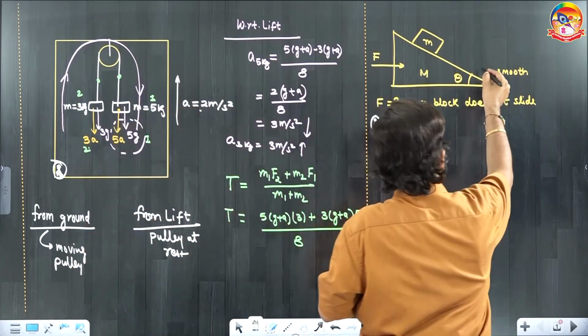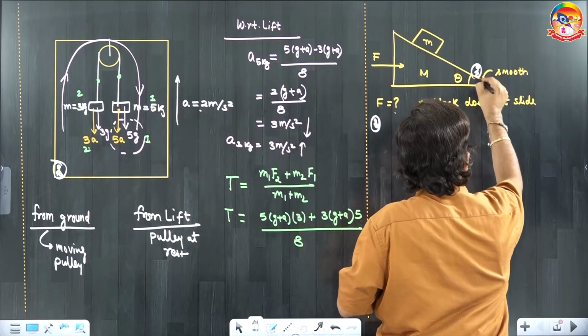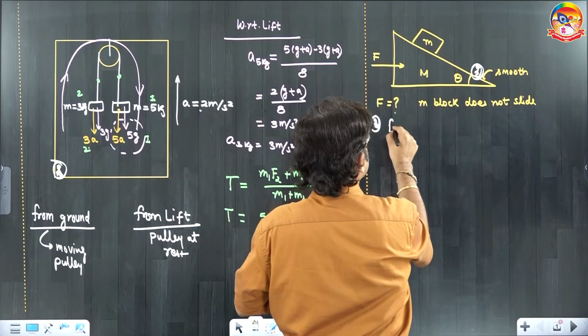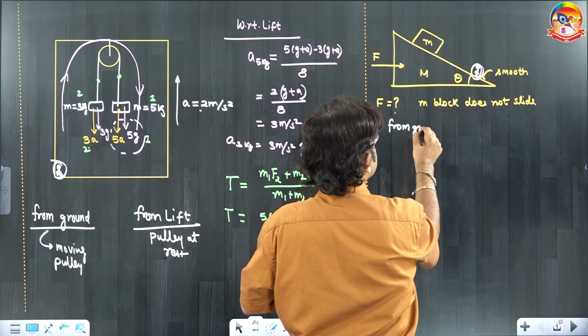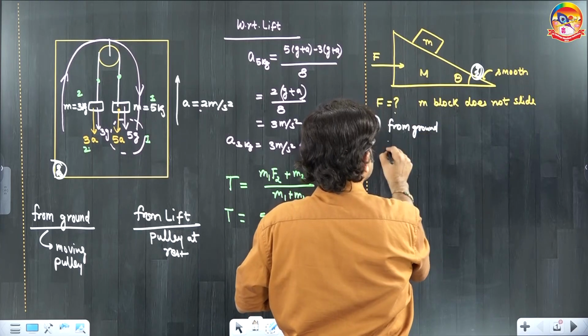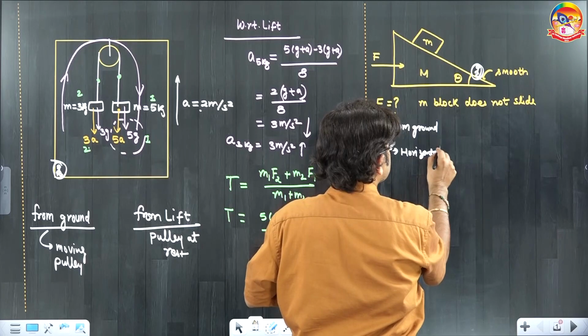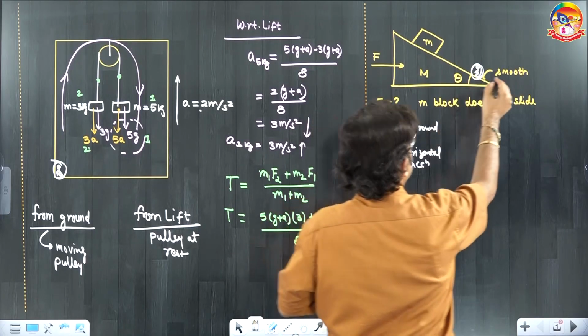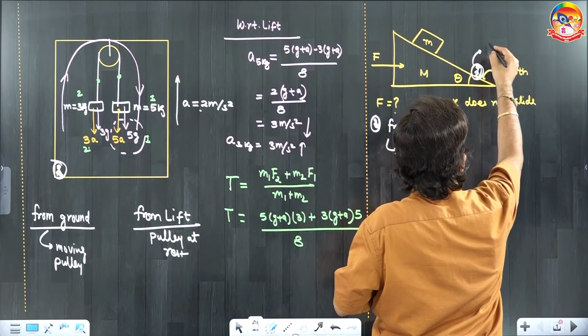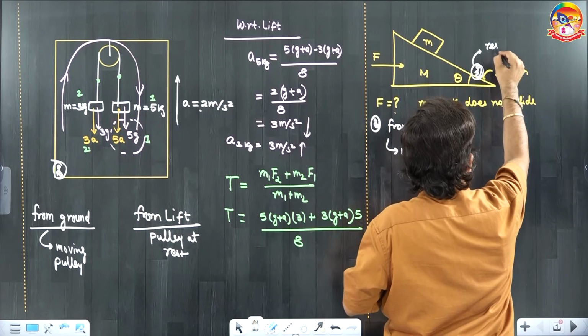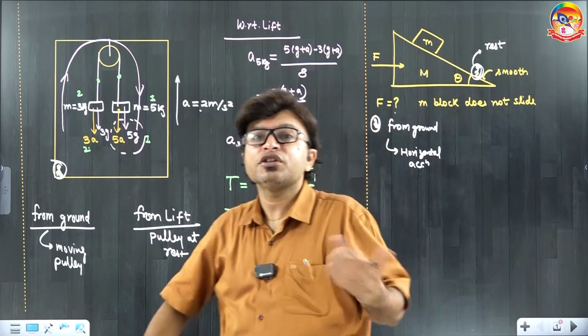From the ground, I will observe a horizontal acceleration. But from the wedge frame, I will observe rest. Now, which condition is better to solve?